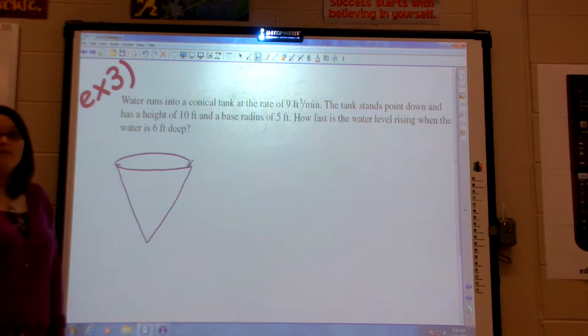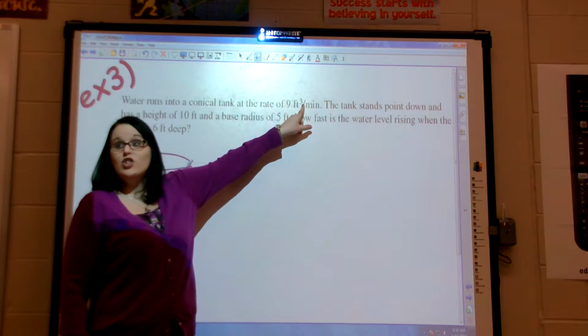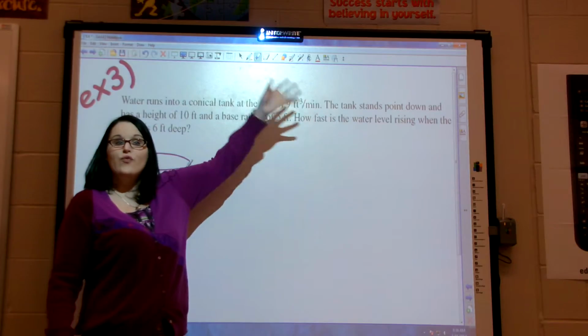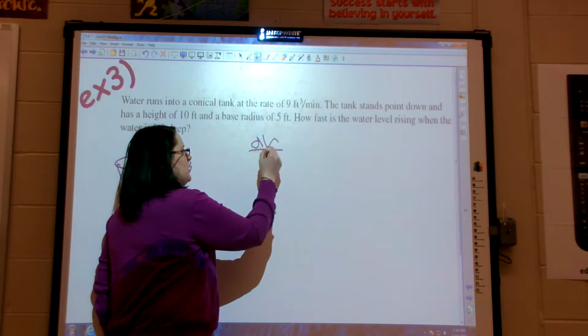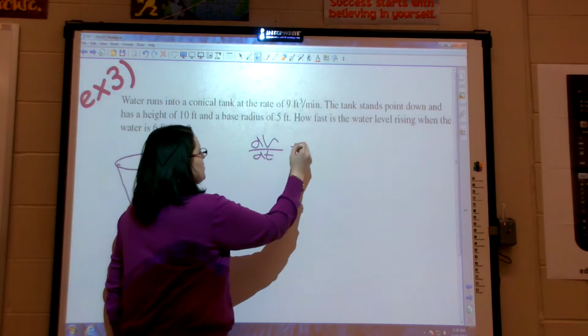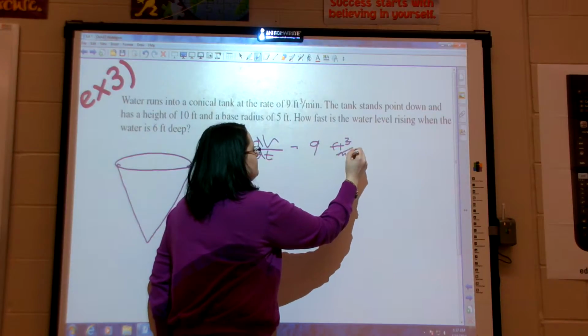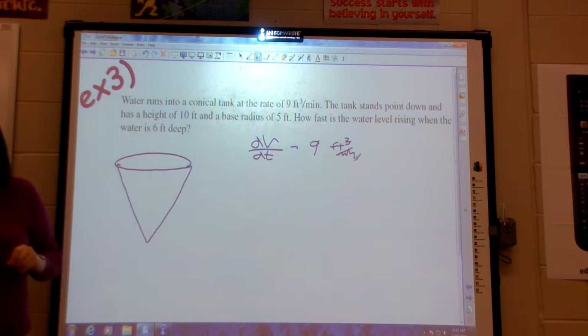It's the volume. This is your hint right there. Look at your units. Isn't that the units you would give for volume? And you're filling water, so it is the volume. So we know dV/dt, and it's filling it up, so it's positive 9 feet cubed per minute. If it was draining from the tank, it would be negative.